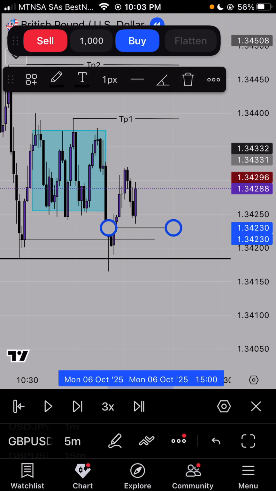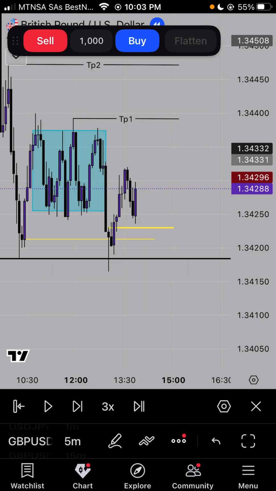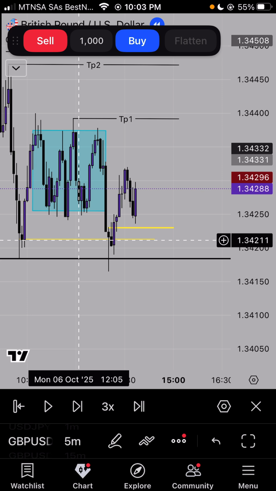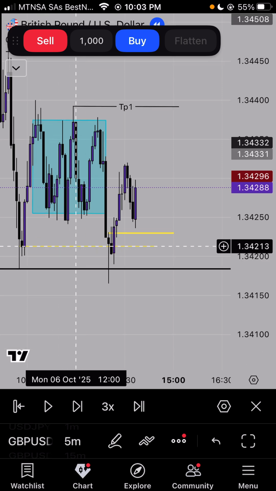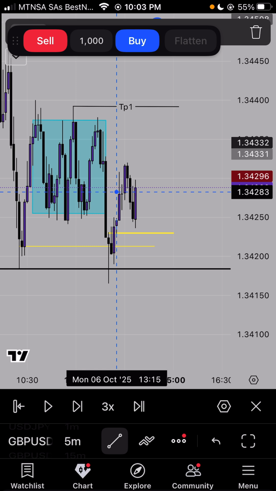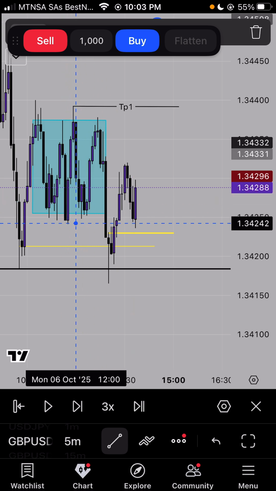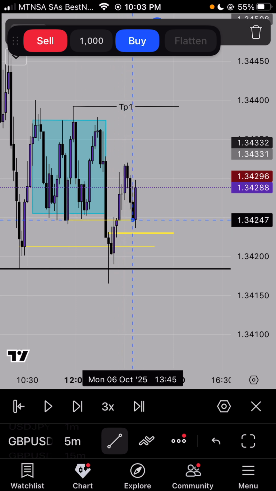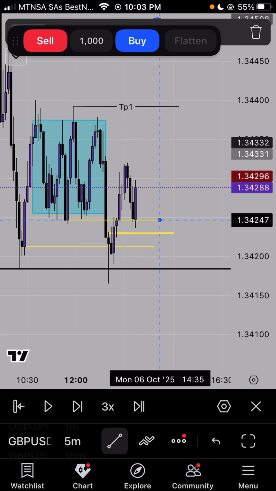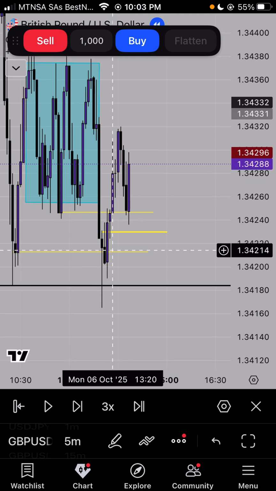Let me make it yellow, make it 2 lines and make it yellow, all my key levels. CISD line, and then I had my MSNR line, and I can't remember if I marked out this line also. I don't know, but I marked out something. I think I marked out a straight line.